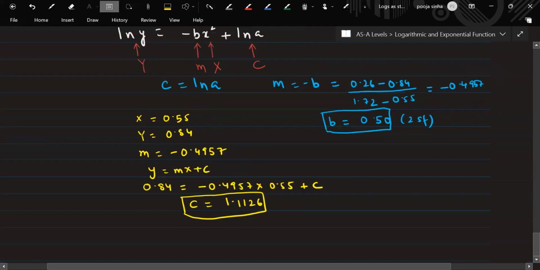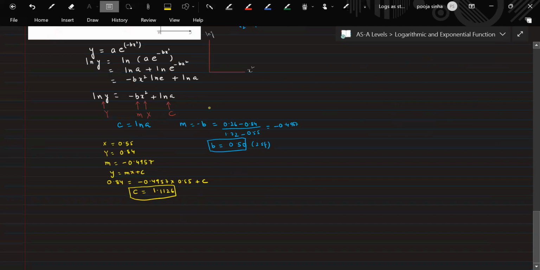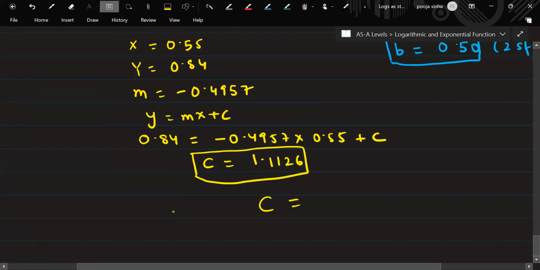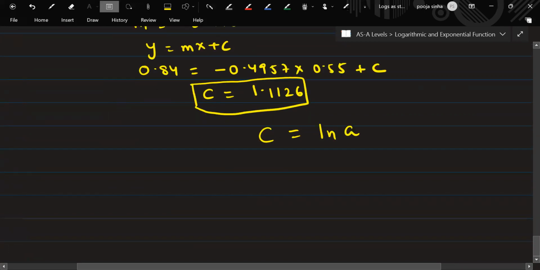Okay. But is it done? No, because we are supposed to find out b and a. So can I say that this c itself is ln a? Which means 1.1126 is equal to ln a, which means this a is e raised to power 1.1126.